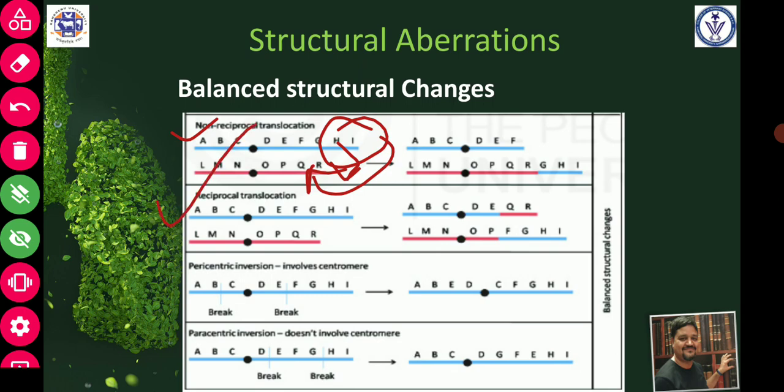Similarly, reciprocal translocation, the mutual exchange, then paracentric inversion and pericentric inversion, we will see in the later part of this lecture. But as of now, you have to remember there are two types of structural changes: balanced and unbalanced structural changes, and a few examples of each.